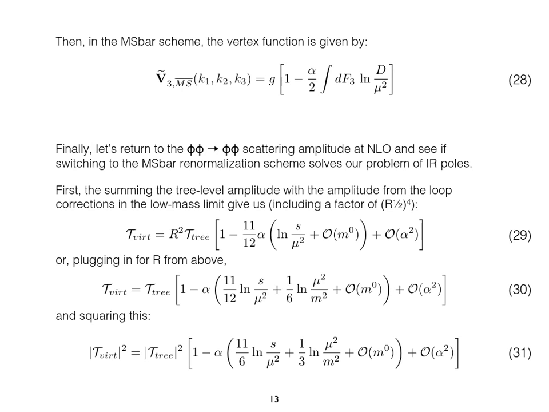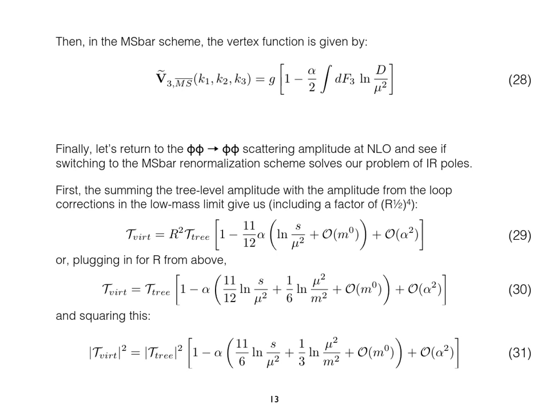We had ill-defined conditions, so we've gone back and fixed that. Now we're working in the MS bar scheme, and now what we want to do is take the massless limit of my total, or at least the virtual piece, because that's where these logs are coming from.